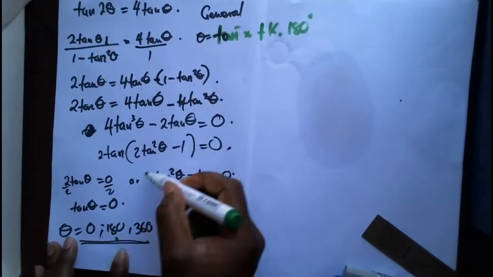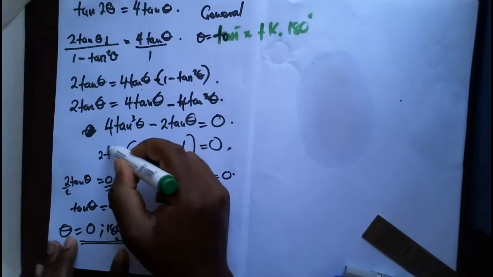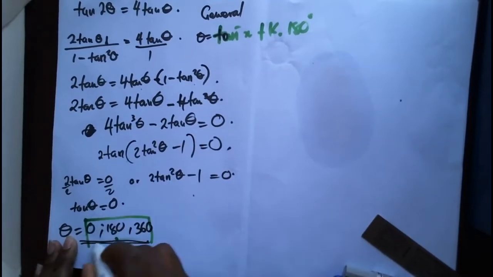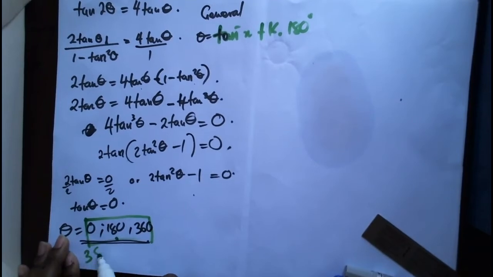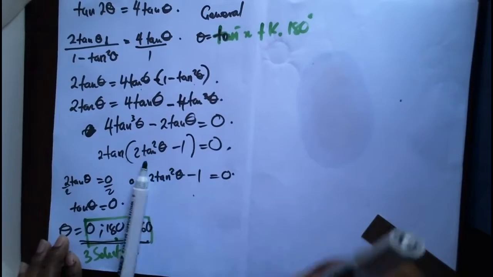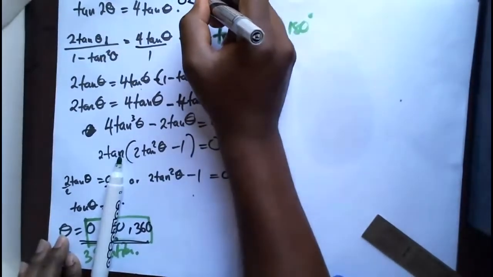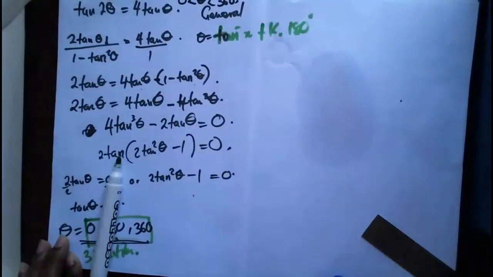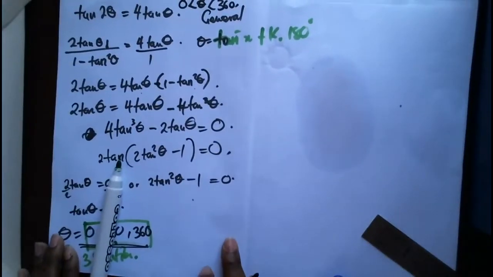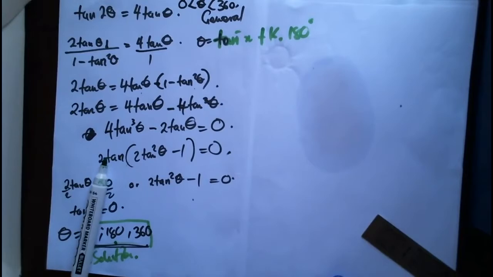So you can actually see that if I had omitted this, I would have lost 3 solutions, because we remember our question says from 0 less than theta less than 360 degrees. Right? So now let's go to this one.